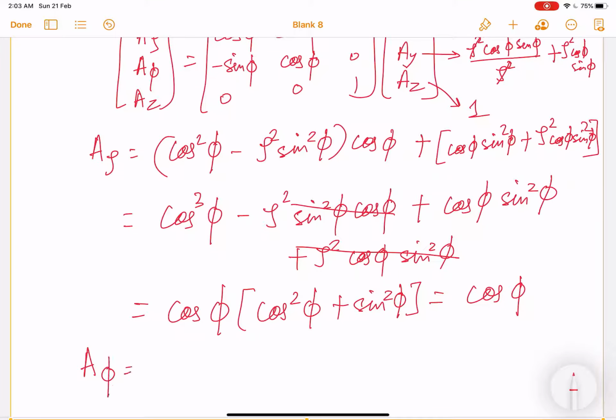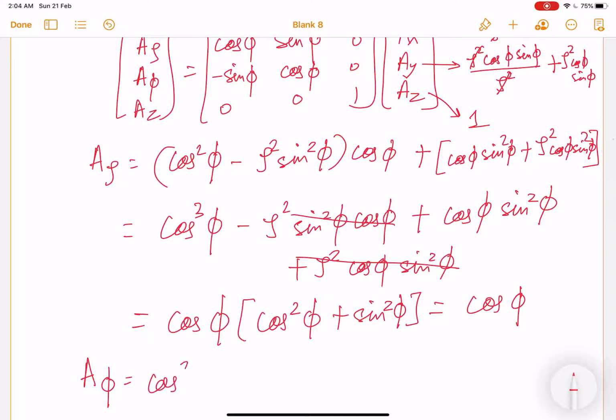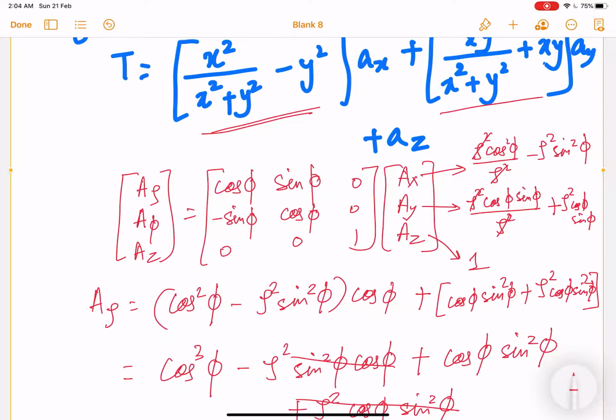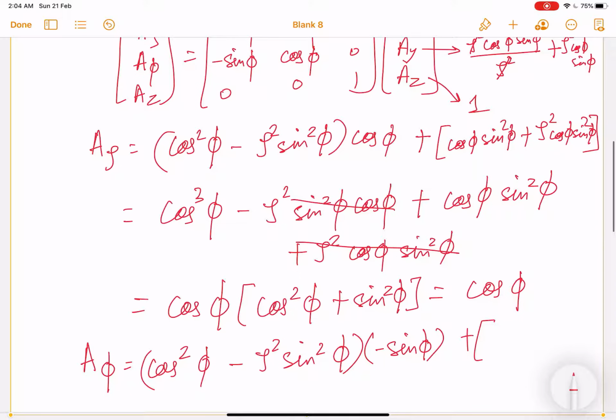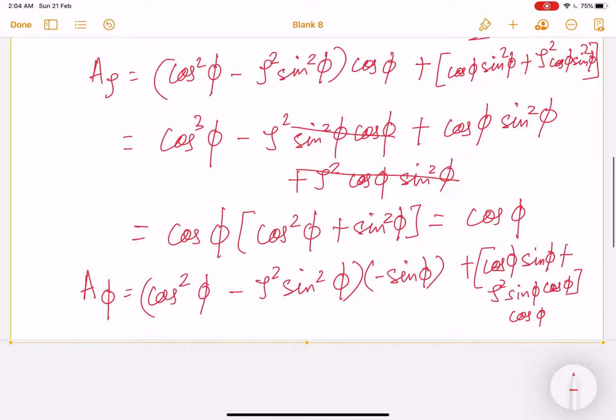Then next, a phi will be equal to cos square phi minus rho square sin square phi, whole into minus sin phi, plus cos phi sin phi plus rho square sin phi cos phi, whole into cos phi.